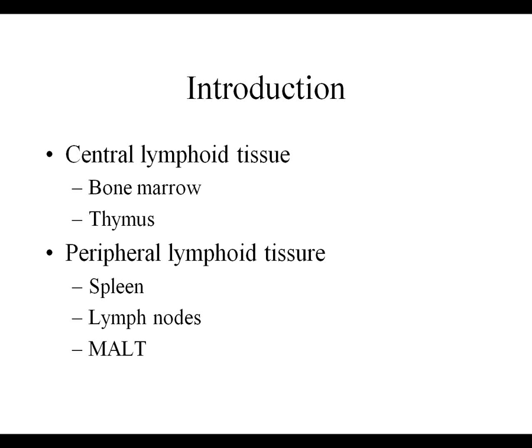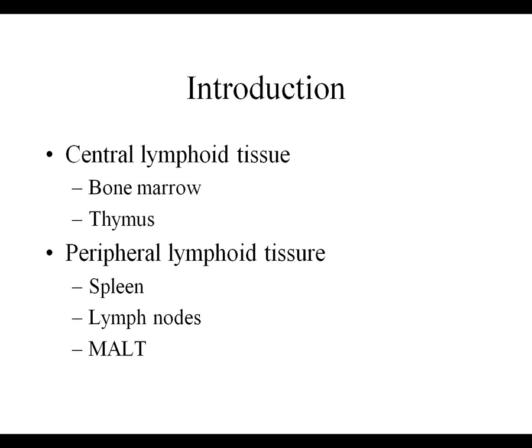Okay, so B and T lymphocytes, which was the focus of this chapter, both start in the bone marrow, which is one of the central lymphoid tissues, and then the T cells go to the thymus, which is the other central lymphoid organ, where they mature.